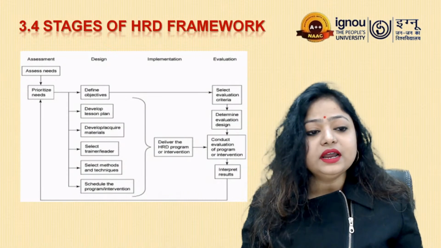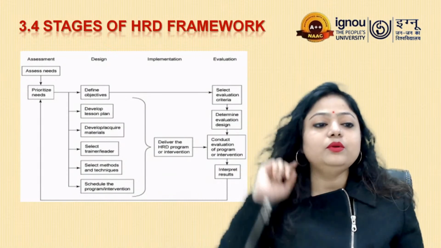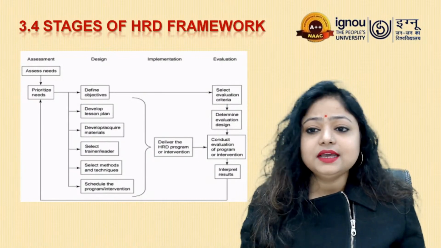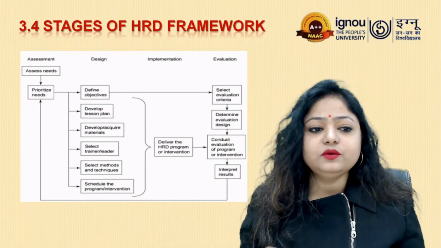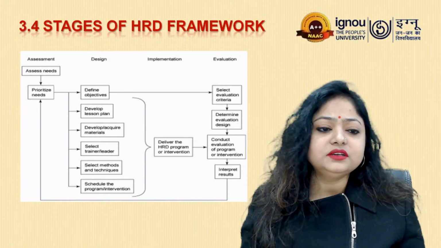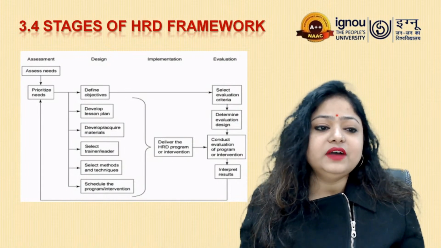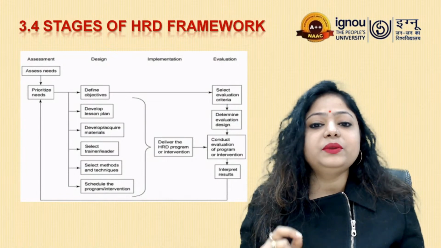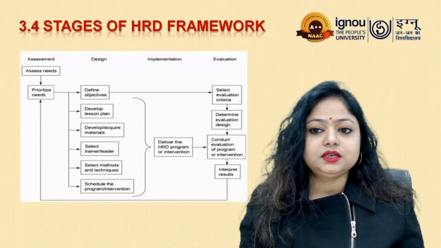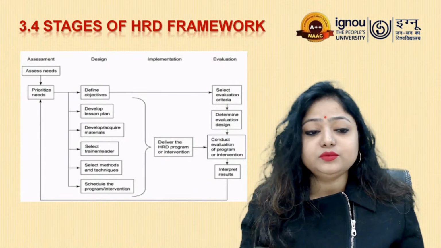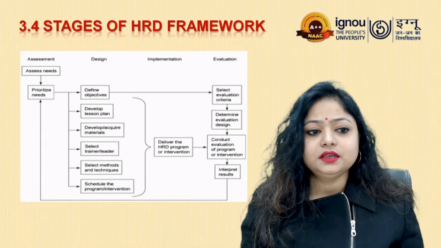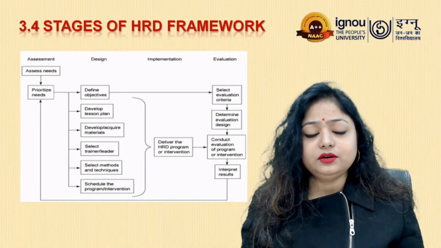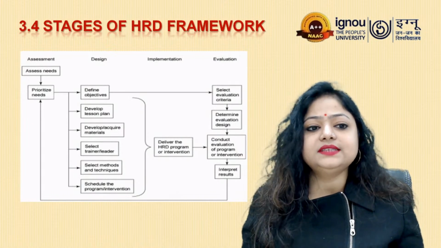We assess what the needs of the employees are. Then if we analyze that there is a need for development in psychomotor or in cognitive factors or in the emotional dimension, then we prioritize those needs, and those needs which are of utmost importance to be catered to are taken up to the next level of this entire framework, which is design.